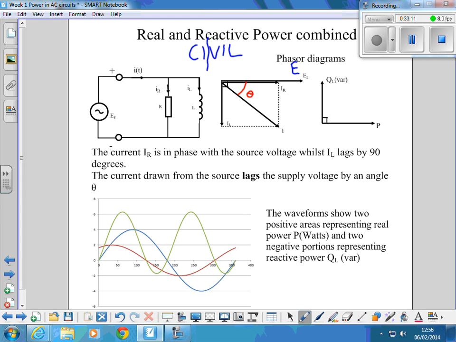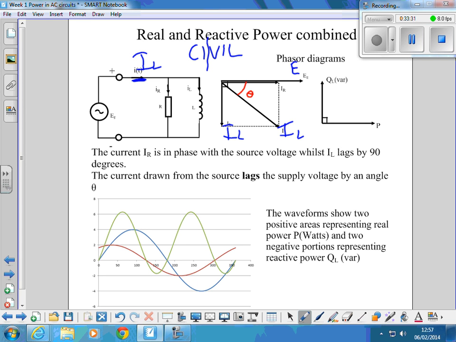So this here is representing IL. Okay. The line current, that's this one here, is the resultant, or the total current in the circuit, is the resultant of those two.